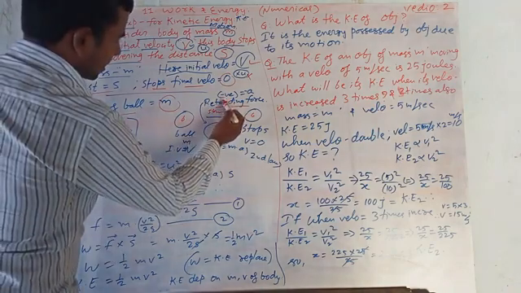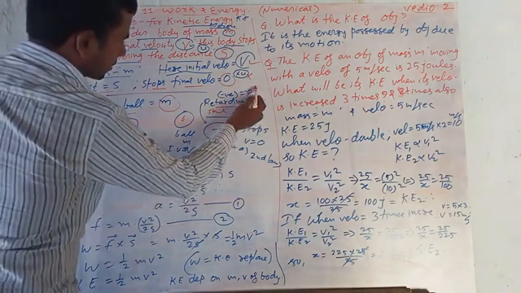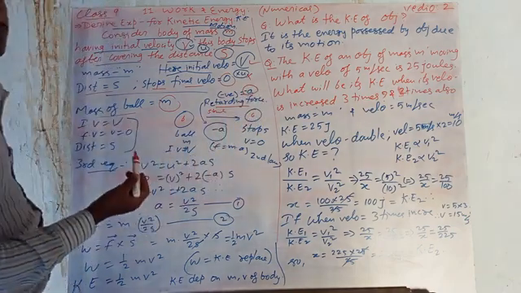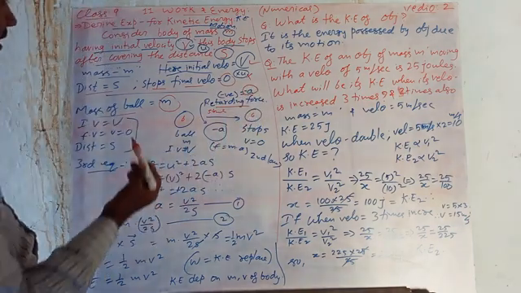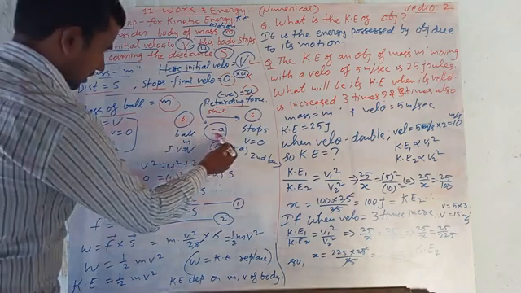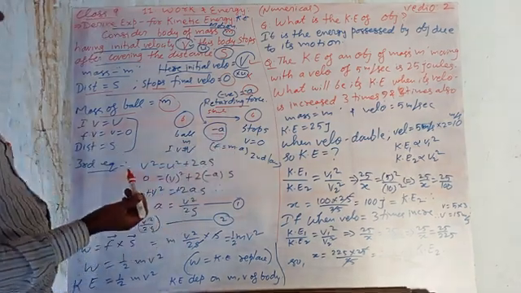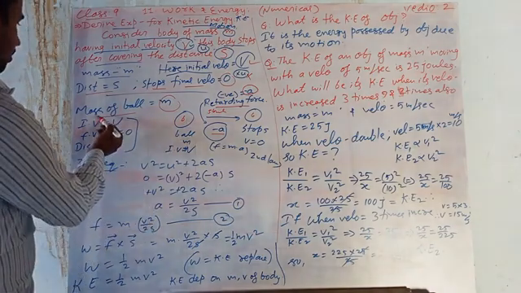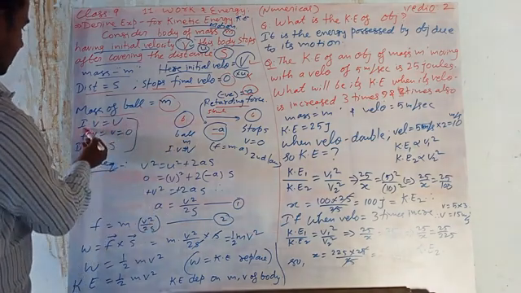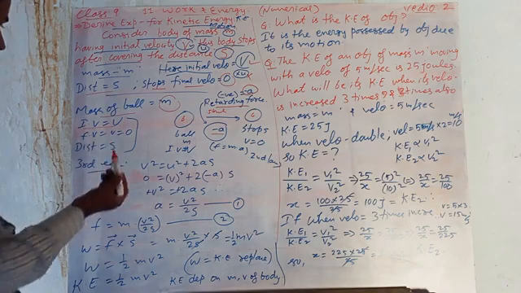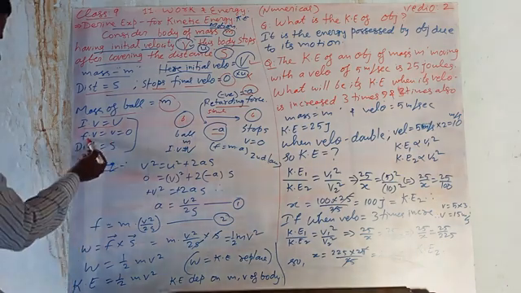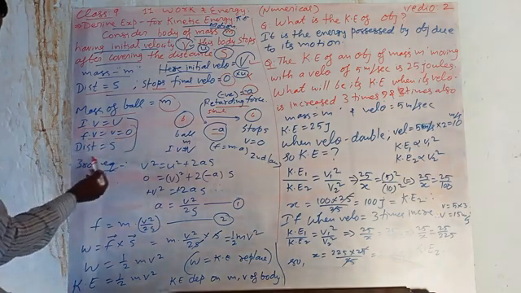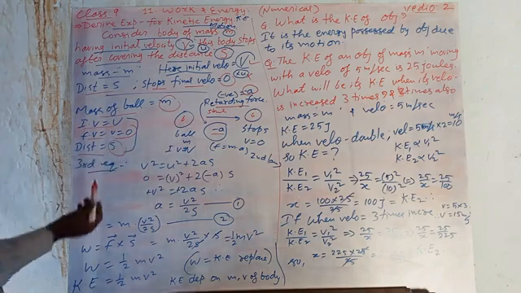A retarding force is always taken as negative. So this is a negative acceleration, a. The mass of the ball is m, initial velocity is v, final velocity is 0, distance is s.